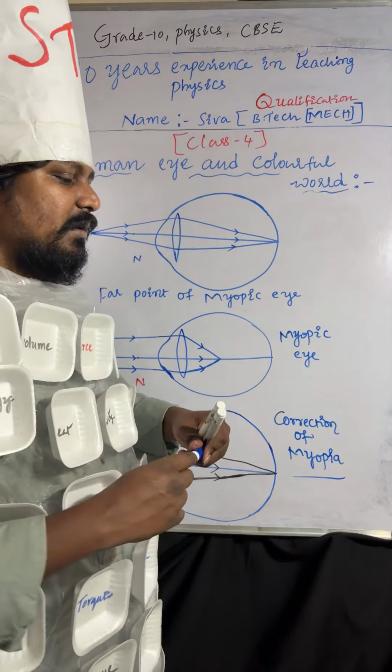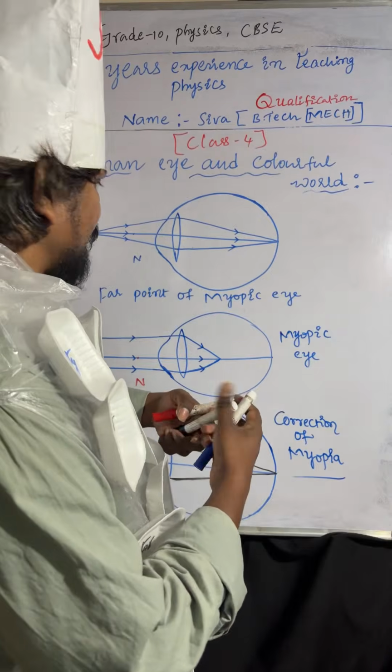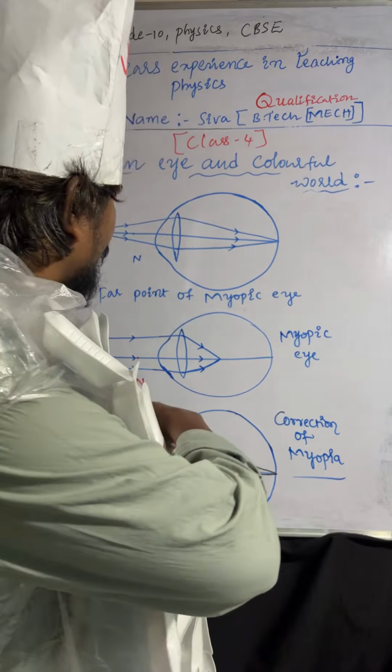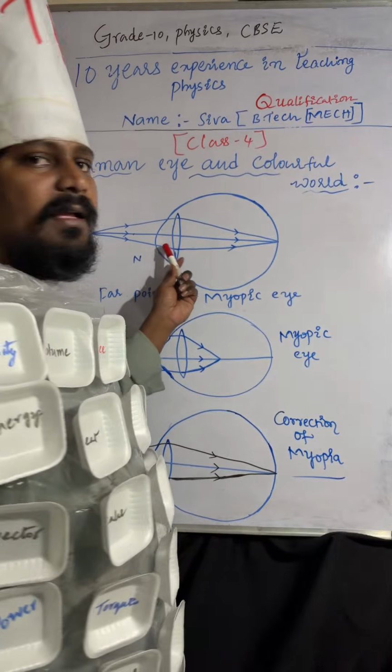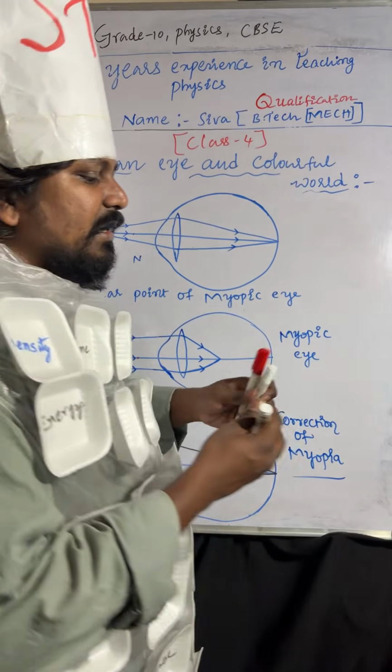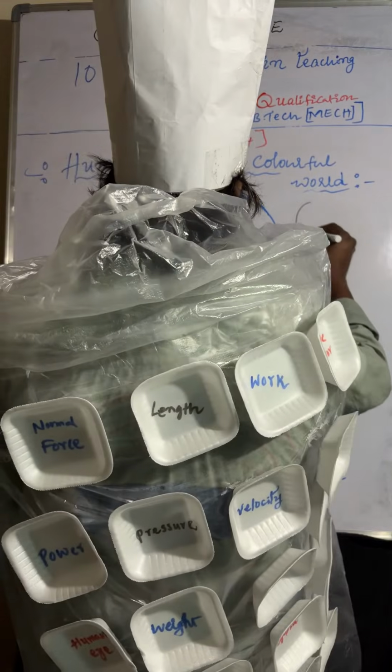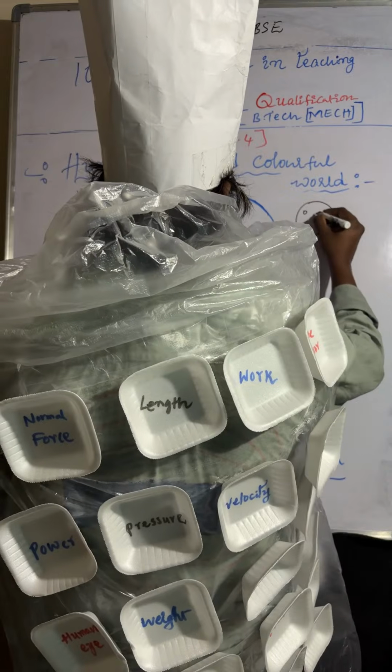So point number 1. You can check here in this case. This is the far point of the myopic eye. So as I mentioned, follow this concept here.